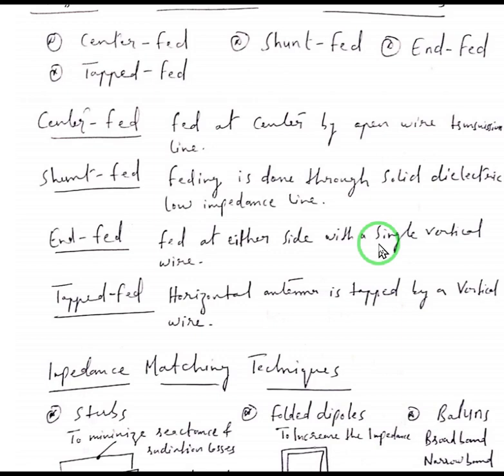Then the tap feed. Tap fed is basically defined as the horizontal antenna is tapped with a vertical wire.